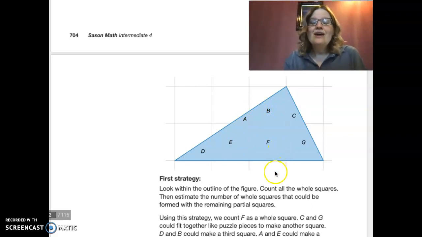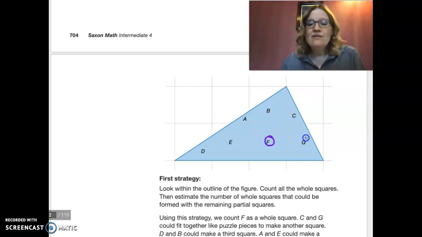Two strategies. The first one is you look for all of the whole squares, and at this point I count F as a whole. I look, and F is my only really great whole square, and it's a 1-inch square.